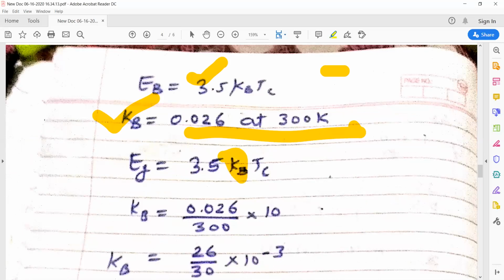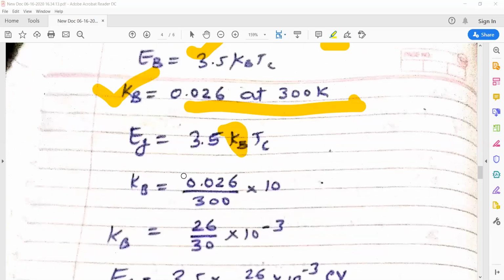We know that this is the Boltzmann constant, and if we put in this value we will find the energy in joule, but we need it in electron volt. For that, this particular kBT is 0.026 at 300 Kelvin.